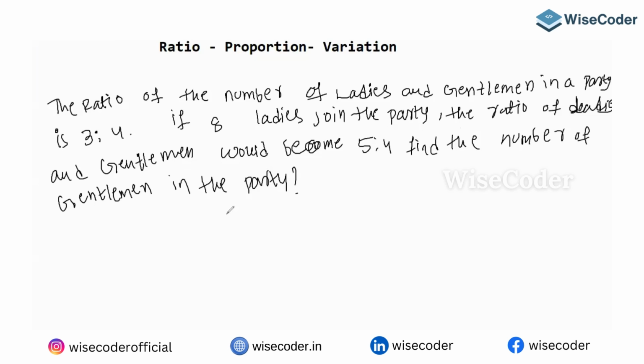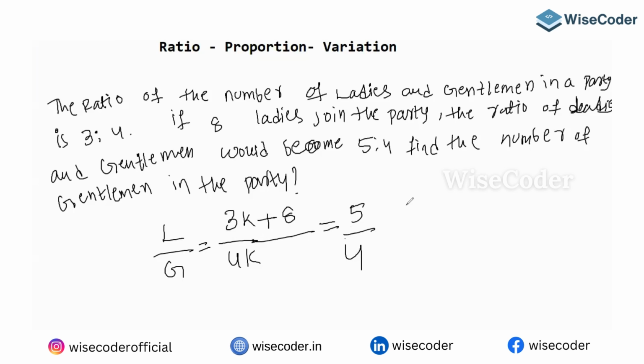Initially, what is the ratio? 3 is to 4. You can write 3k by 4k, ladies to gentlemen. So how many ladies were added? 8. Now the ratio will become 5 is to 4. So cross multiply: 12k plus 32 is equal to 5 fours are 20k. If you rearrange it, 8k is equal to 32, then k is equal to 4.